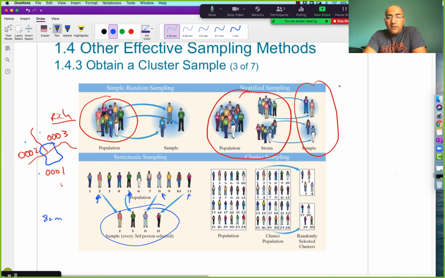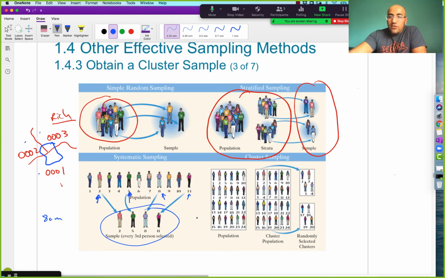Like I said, if you want some students to represent the school to be interviewed on TV, you maybe want an equal number of men and women, or maybe you want particular majors. We want some business, we want some engineering, right? So you might want to interfere in your sample and make sure your sample has a particular makeup. Good. And then finally, cluster sampling.